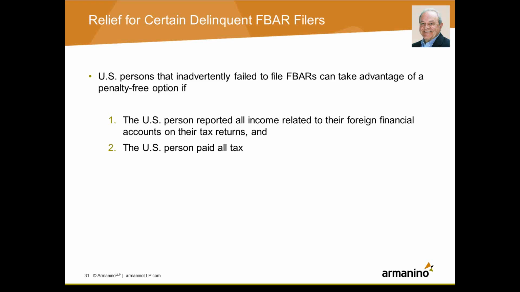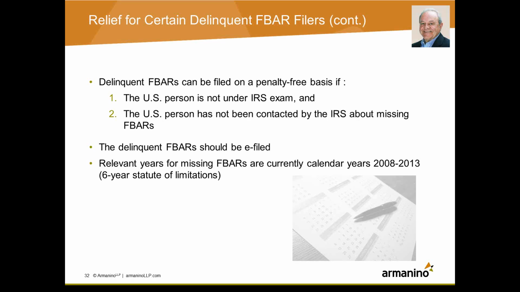So that's kind of a nice thing to do. So reporting the income on the Form 990 or 990-T as applicable, paying the tax, again, if applicable, basically absolves us from penalty concerns.